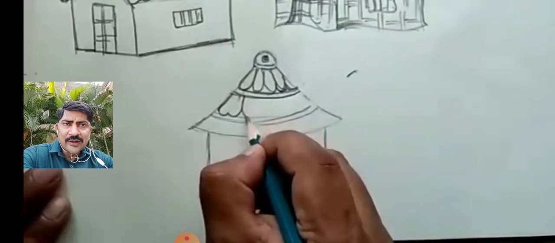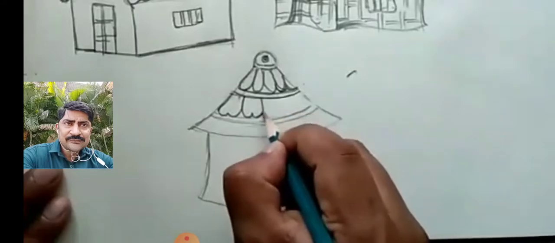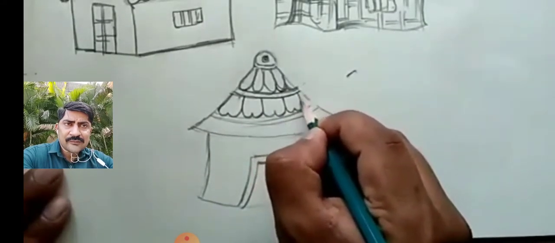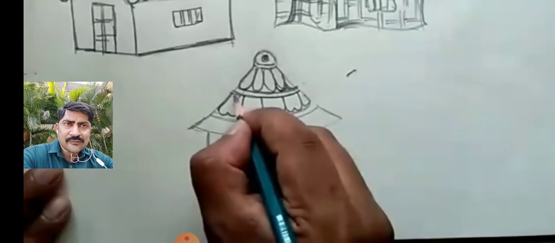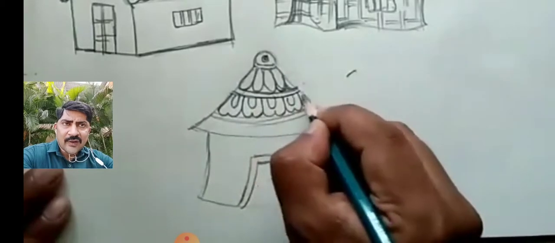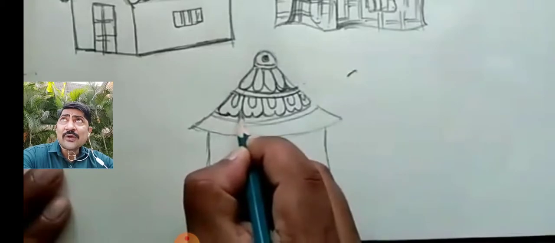Second part, a little bit different shape. Again a leaf type of shape in between. So the second thing is also over now.